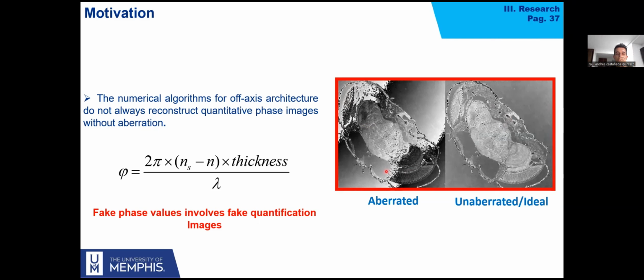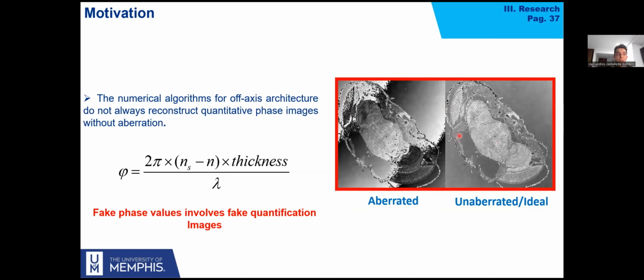It's important to remember that the main idea behind digital holographic microscopy is to retrieve phase information, right? So if the phase information that we obtain after the numerical reconstruction contains fake terms, fake phase values, this involves phase quantification errors in the images. So this entails wrong phase information of the sample, right?